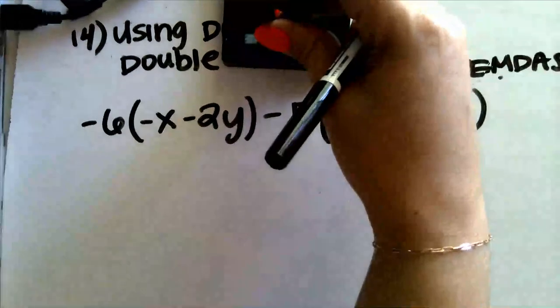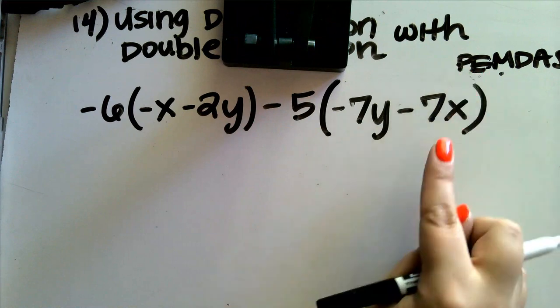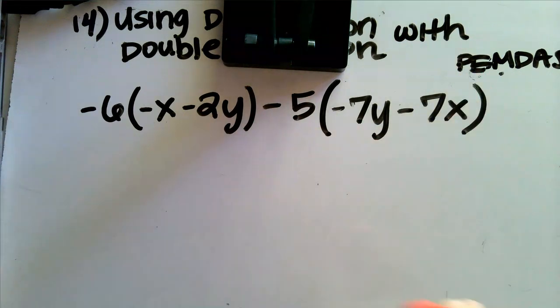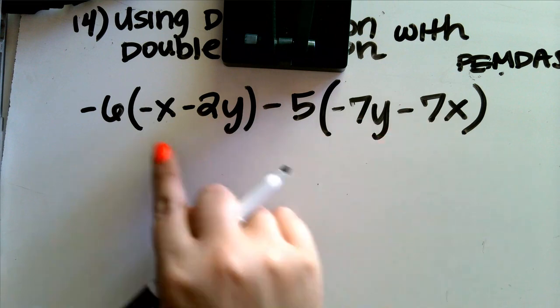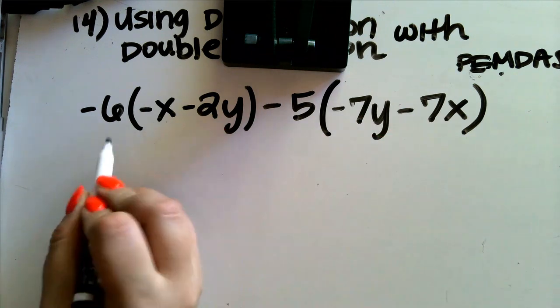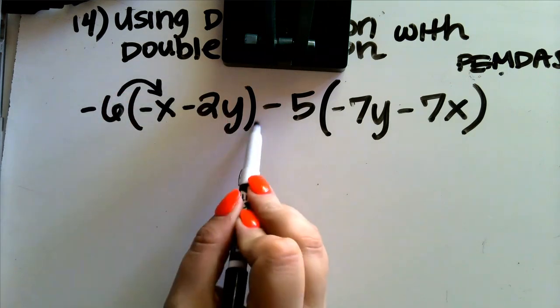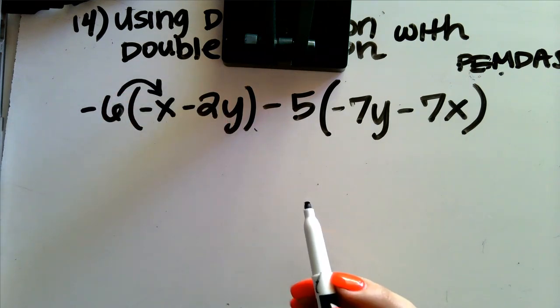Let's go ahead, jump in, get started. With our PEMDAS, we know that we cannot combine anything inside of our parentheses because these are unlike terms. Each term has a y and an x, can't combine them. But let's go ahead and distribute this first one here. We're only paying attention to this first term right now.